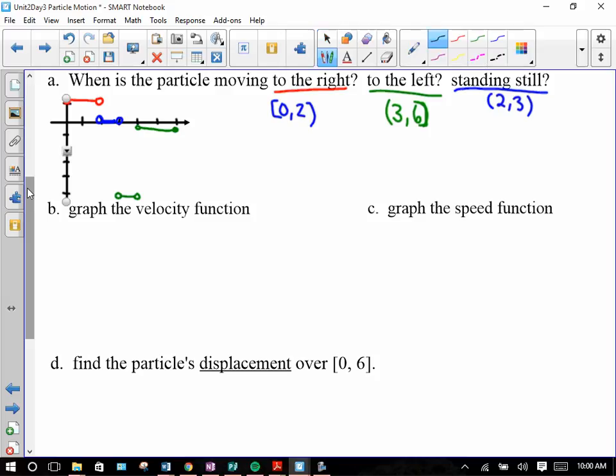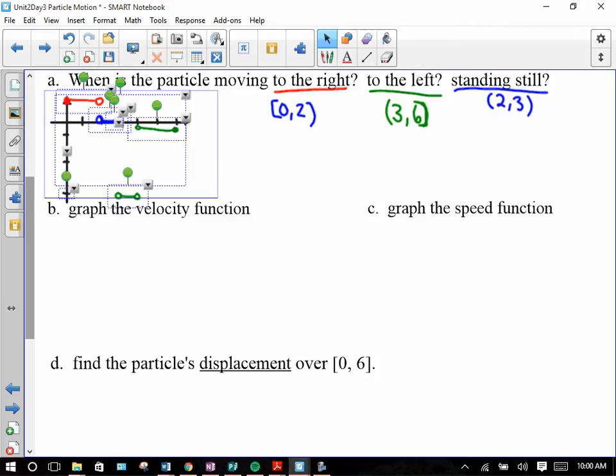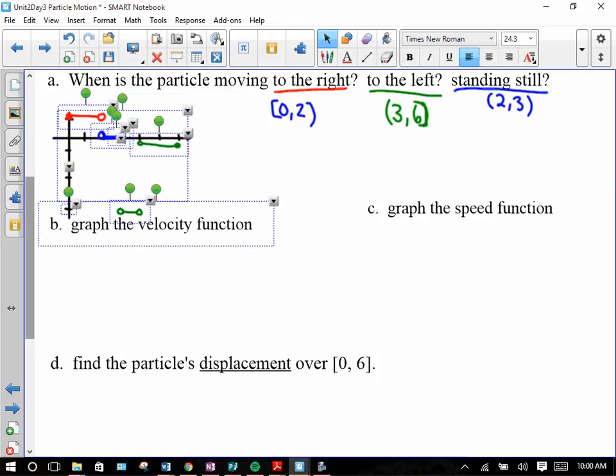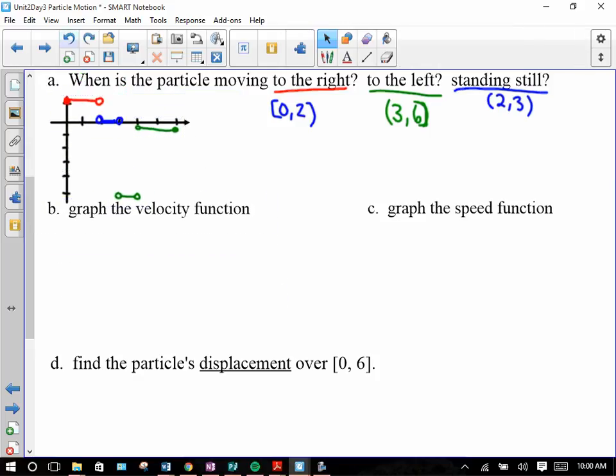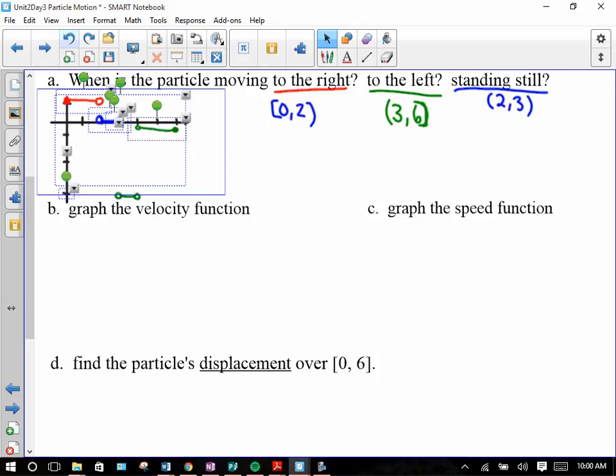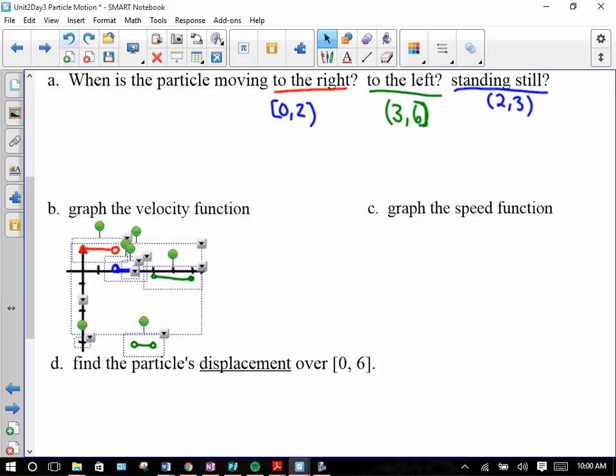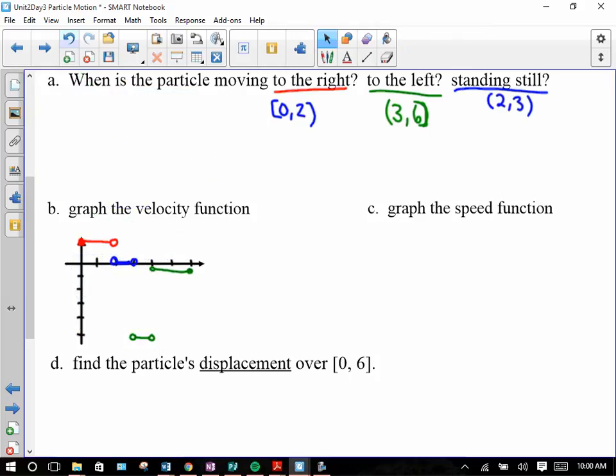I put that in the wrong spot. There, that goes there. Now we're going to graph the speed function.